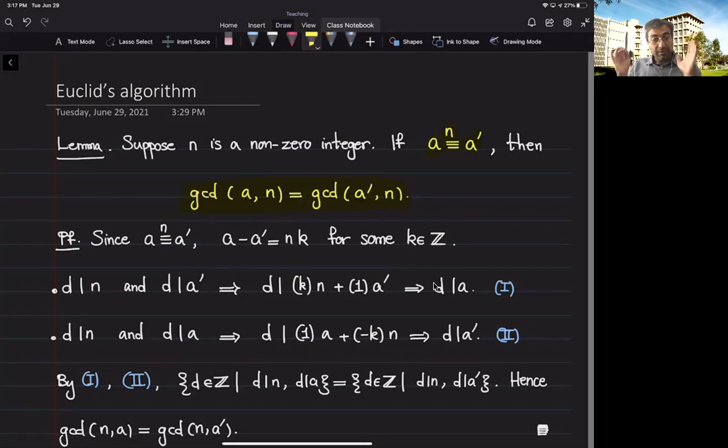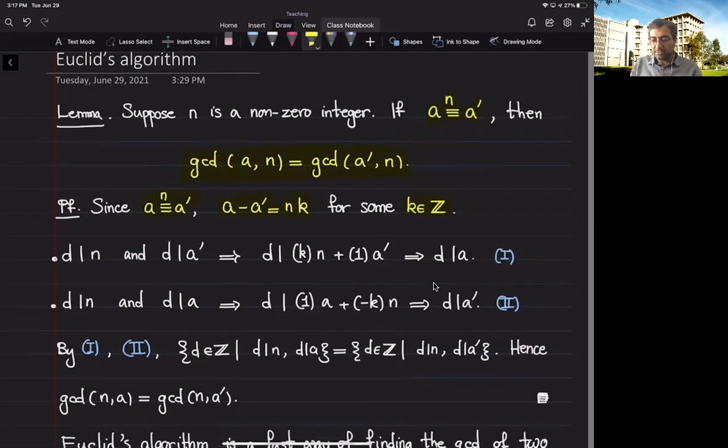Okay, let's start with the hypothesis. We are told that A is congruent to A prime modulo n. What does that mean? This means their difference is an integer multiple of n. So A minus A prime is nk for some integer k. Now, I want to say that the GCD of A and n is the same as the GCD of A prime and n.